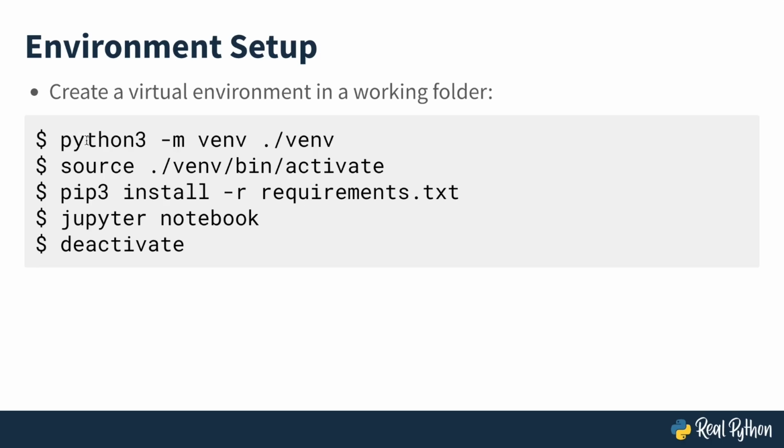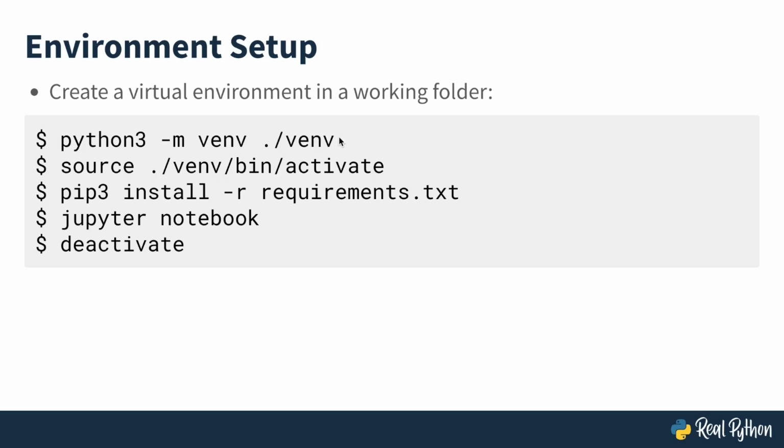In this case, I'd be using Python 3 and then using the virtual environment or venv module. And then what this first command will do is in your working directory, which you could go ahead and create a separate folder for this course, and then within that folder, run this first command, and this will create a new folder called venv. And within this folder, what this first command will do is install a standalone Python installation.